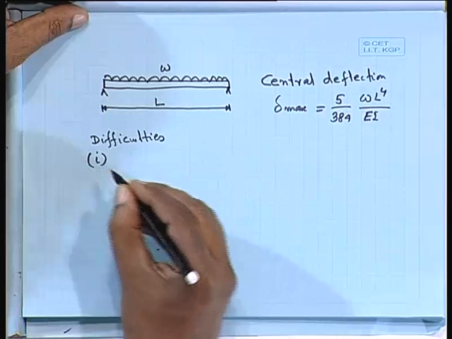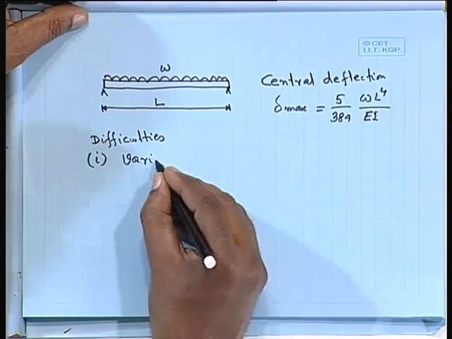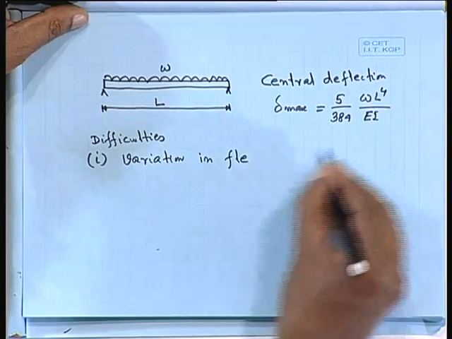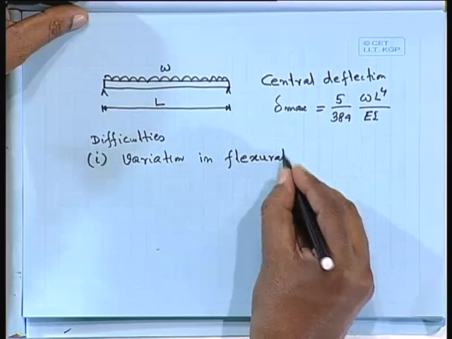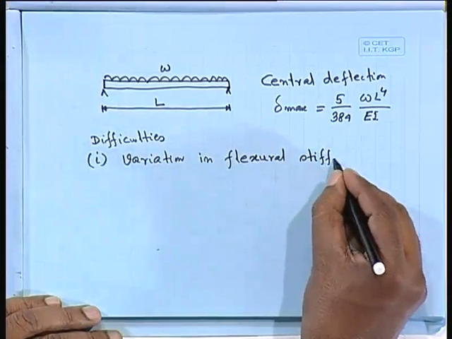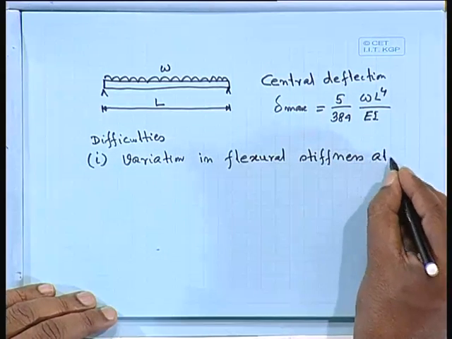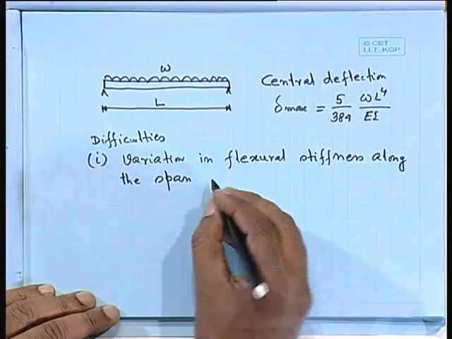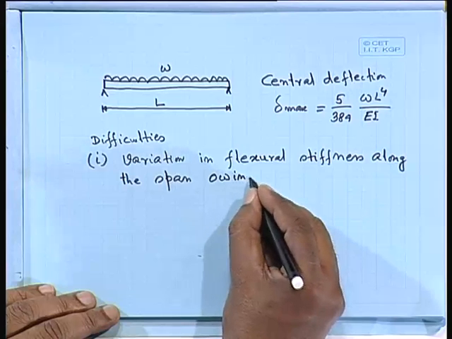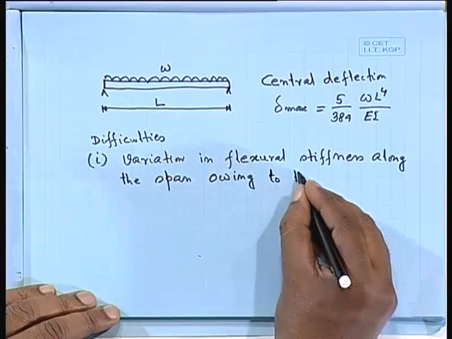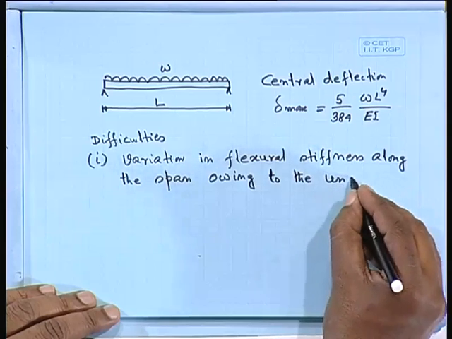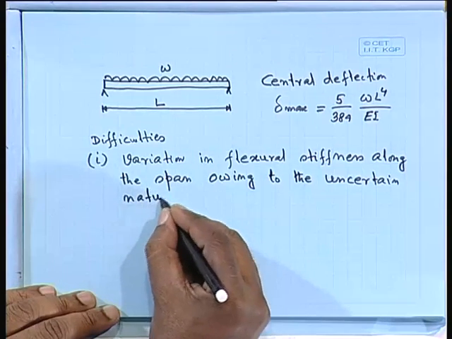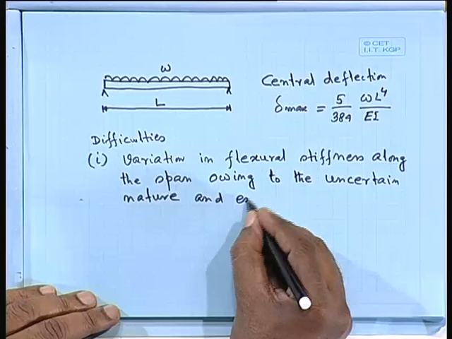Number 1, variation in flexural stiffness, that means EI, along the span, owing to the uncertain nature and extent of cracking.